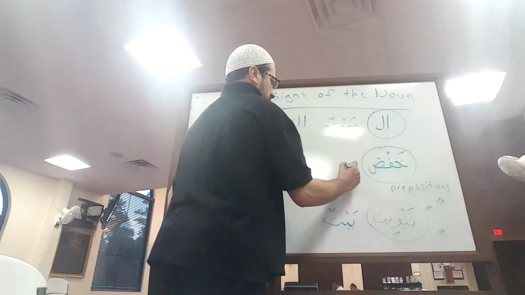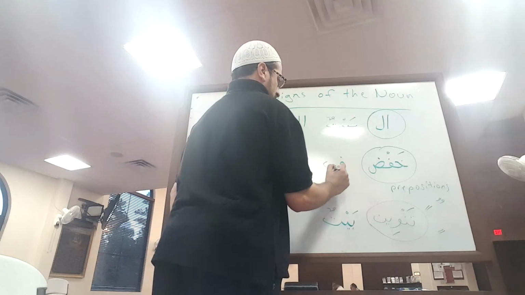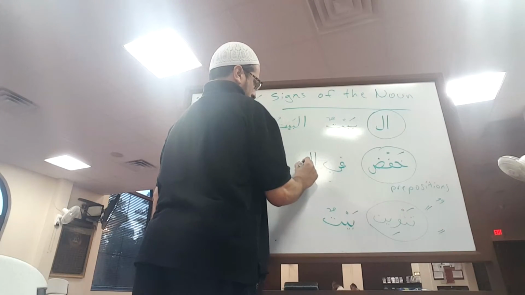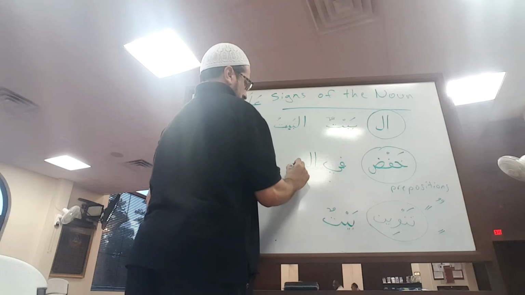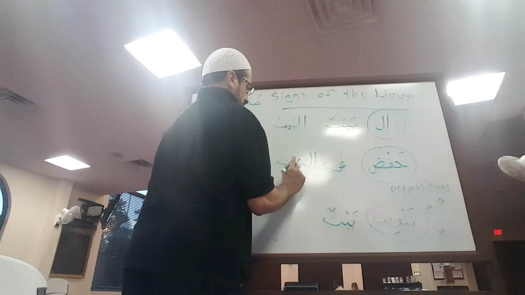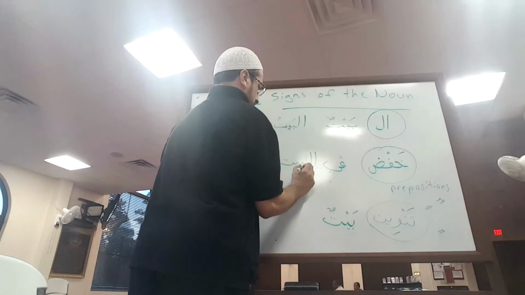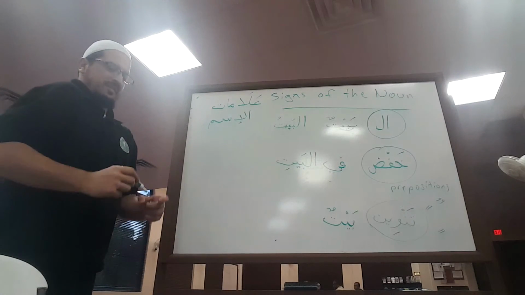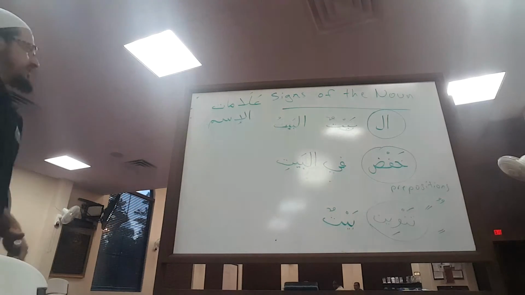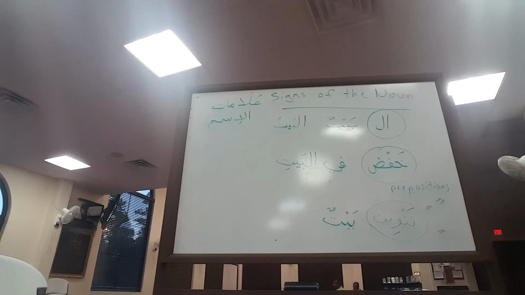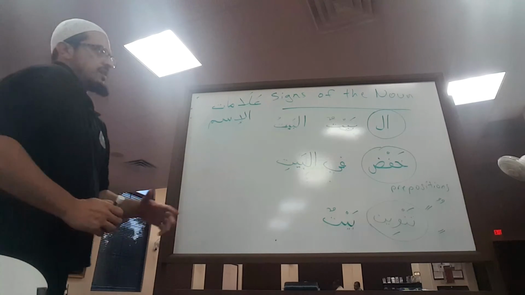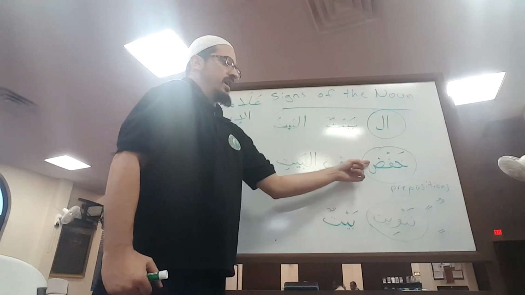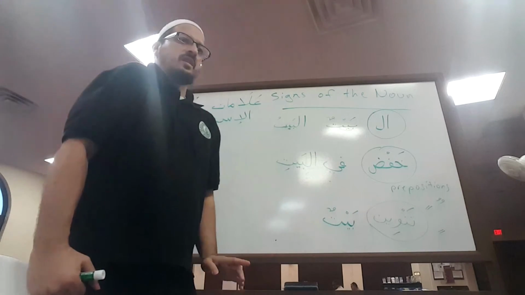Khafd: fi al-bayt. Okay, so we'll start inshallah next week on one. So these are the three symbols of a noun: the entering of al, the entering of khafd, the entering of tanween.